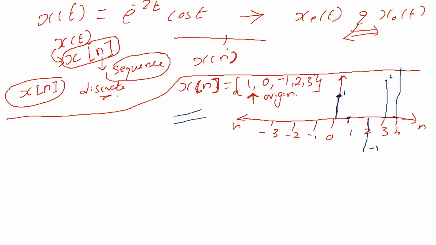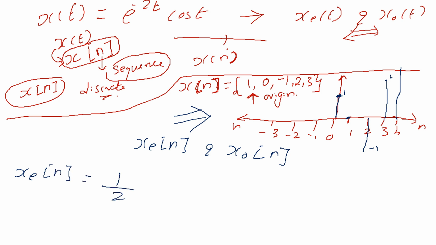So the question is this one. This is the discrete sequence that has been given to you. Find the even part as well as the odd part of the given discrete sequence. So how can we write x even of n?